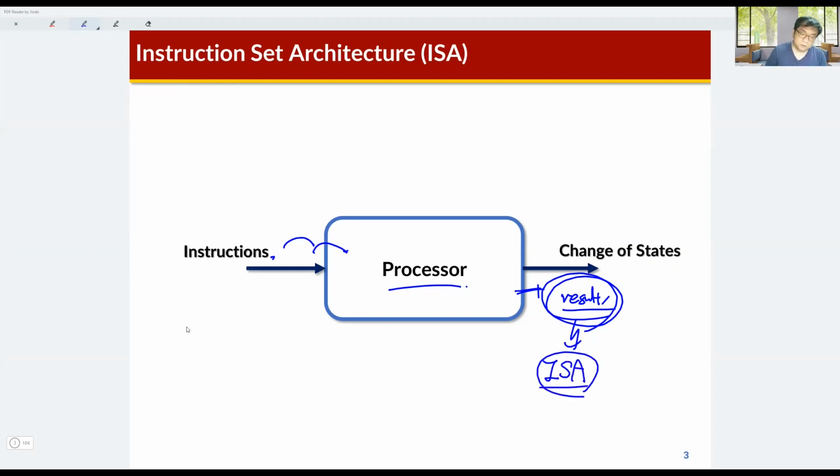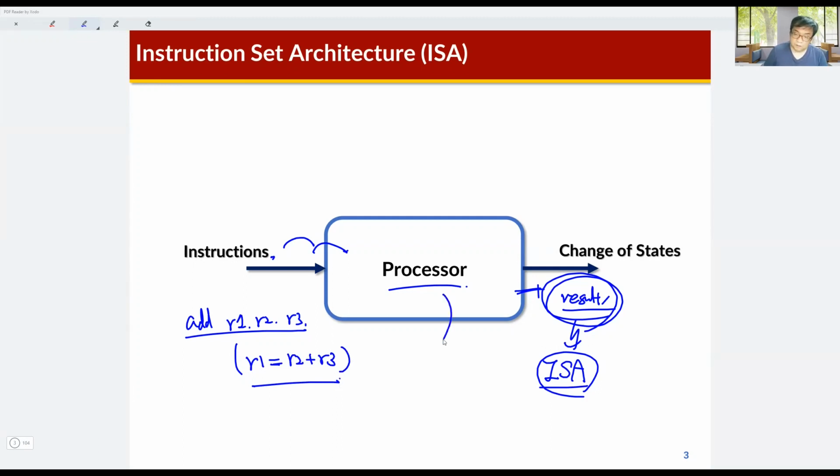So for example, add R1, R2, R3, and the definition of this add instruction is R1 equals R2 plus R3.